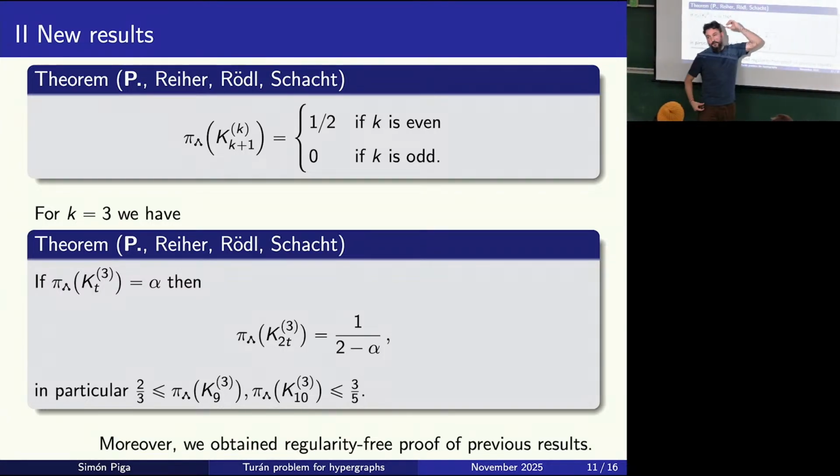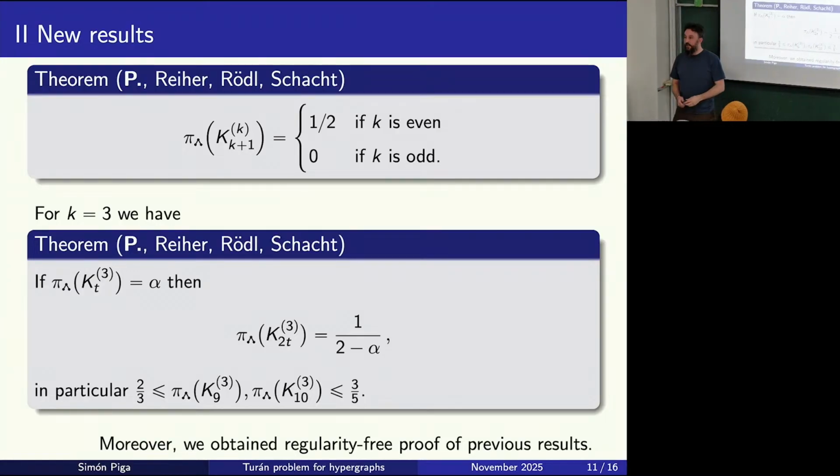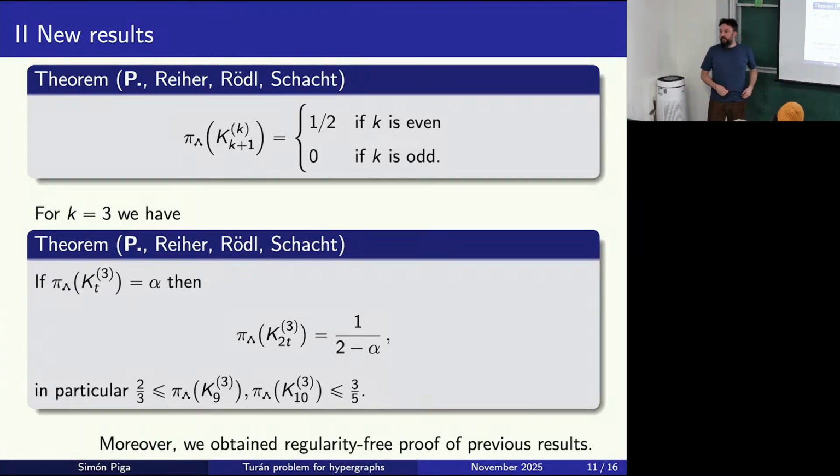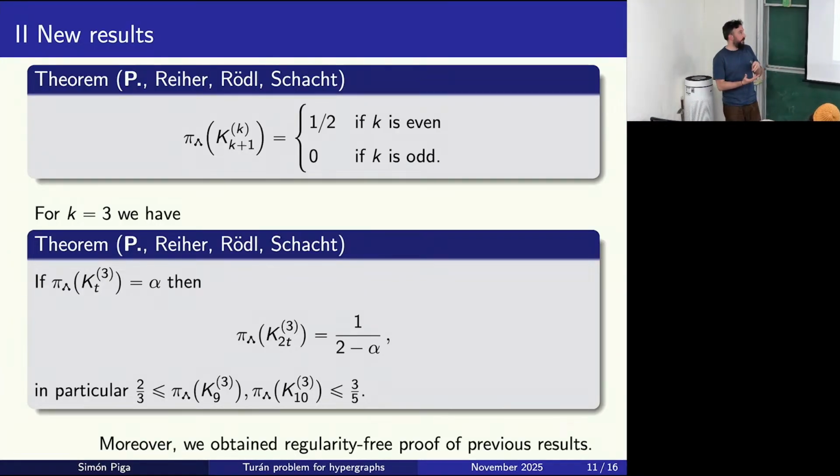When k is even, you can find an algebraic construction that only works when k is a multiple of 2. You can find a construction that has density exactly 1/2 and forbids the cliques somehow. There is a parity issue basically, like with a triangle in a graph, where the problem is parity.